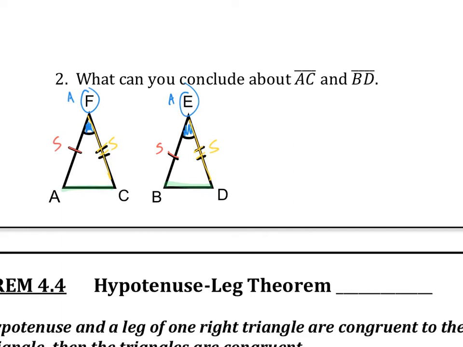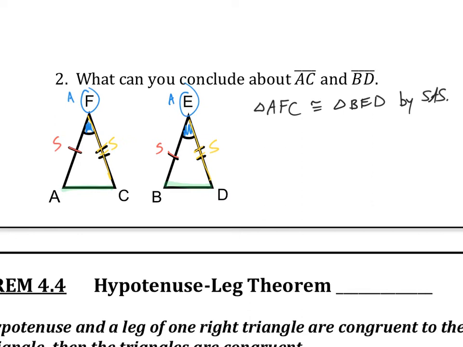So what can we conclude? We would say, all right, well, triangle AFC is congruent to triangle BED by side angle side. So we know that those two triangles are congruent by side angle side.